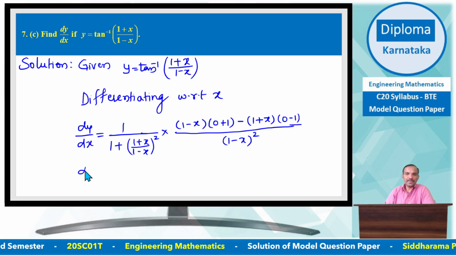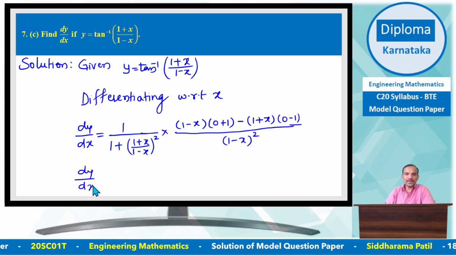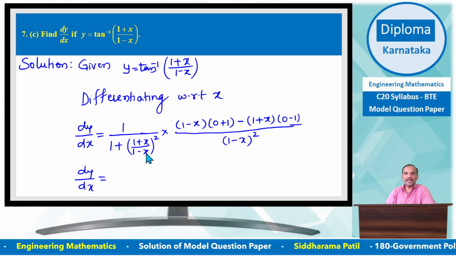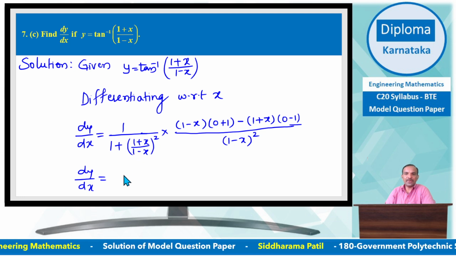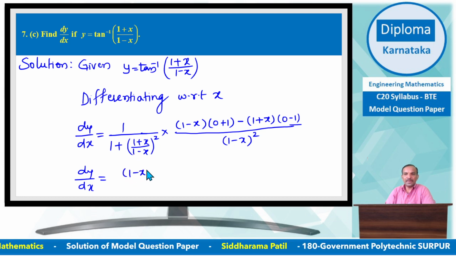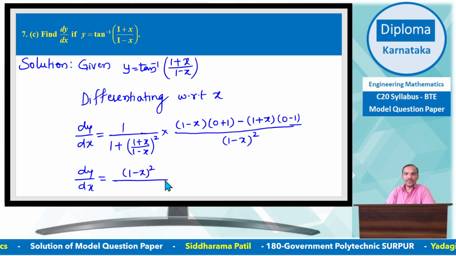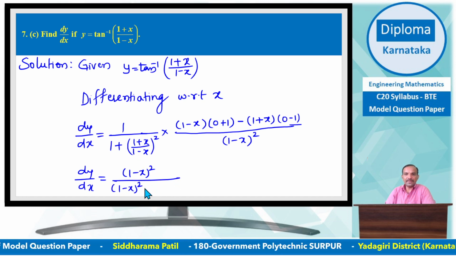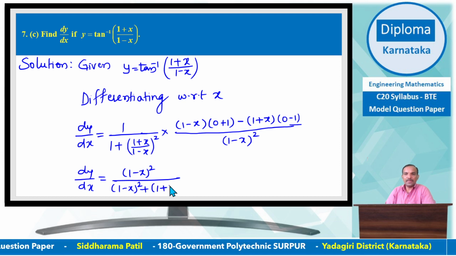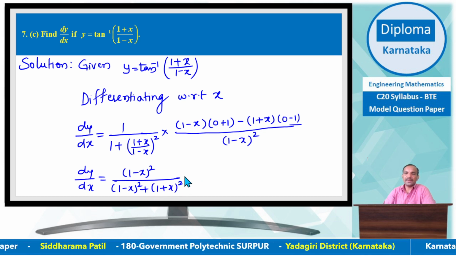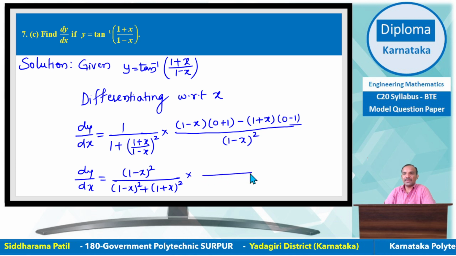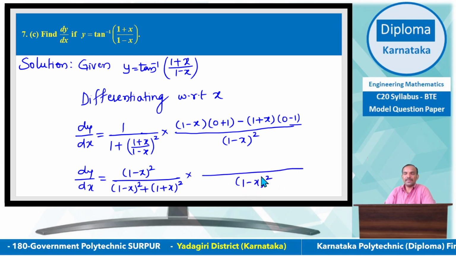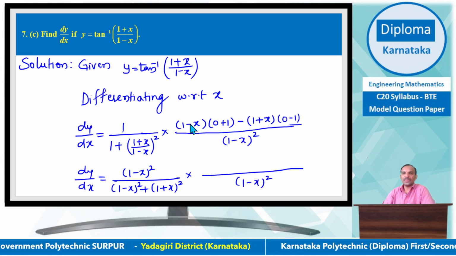Now dy by dx is equal to, LCM is (1 minus x) whole square. If you simplify, (1 minus x) whole square goes to the numerator after taking the LCM. Here it becomes (1 minus x) whole square plus (1 plus x) whole square, into, now simplify, (1 minus x) whole square.